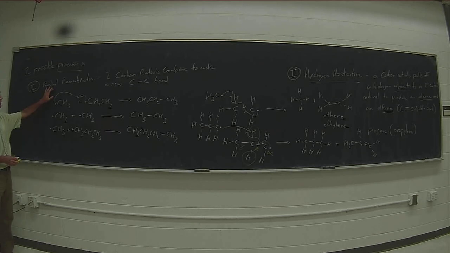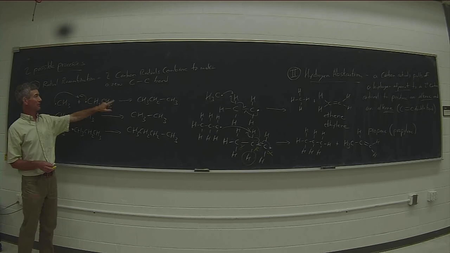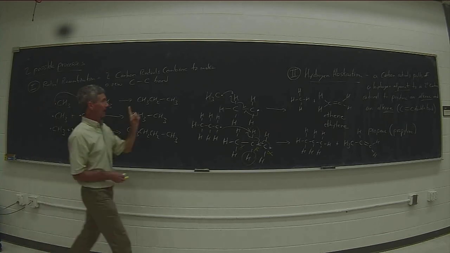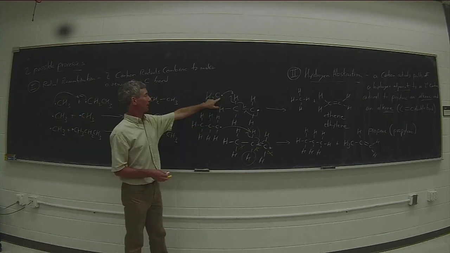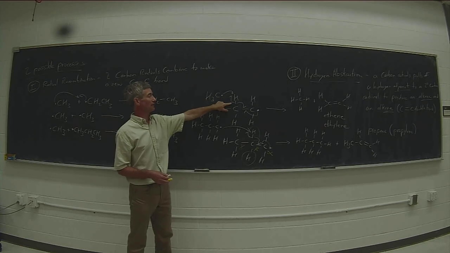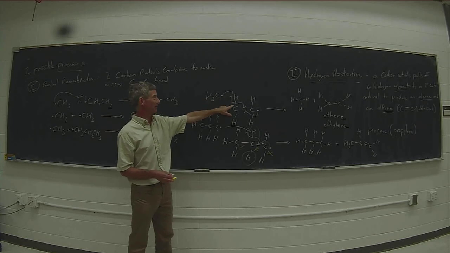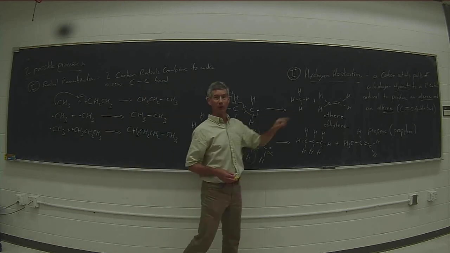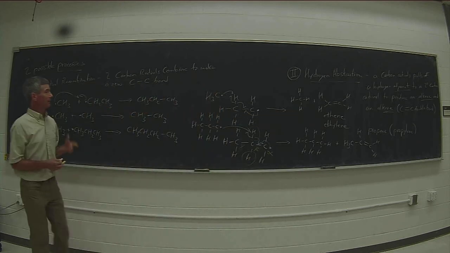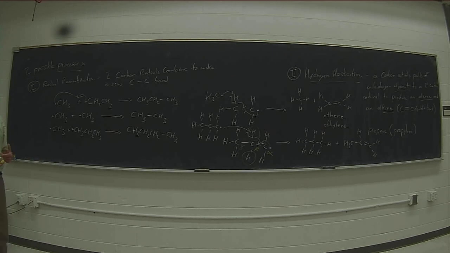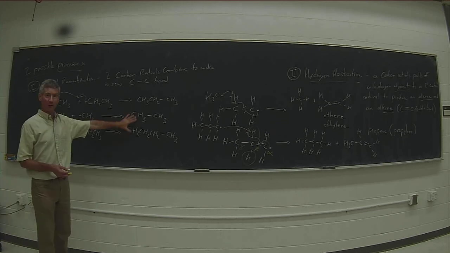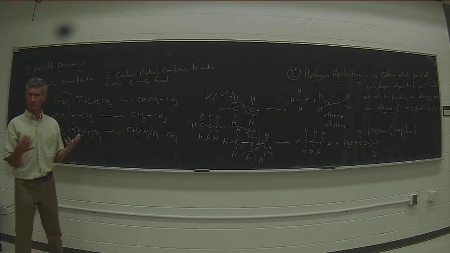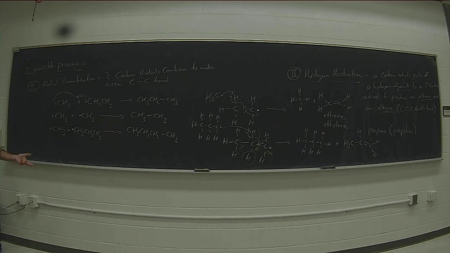So radical recombination, two carbon radicals coming together to make a new CC bond, hydrogen abstraction, the radical plucks off a hydrogen to form a new CH bond, releasing a kind of a second radical, and then those two adjacent radicals combine to form a carbon-carbon double bond. You'll get from refining of petroleum by pyrolysis a large, complicated mixture of fairly small hydrocarbons, between 1 and maybe 8 carbons.